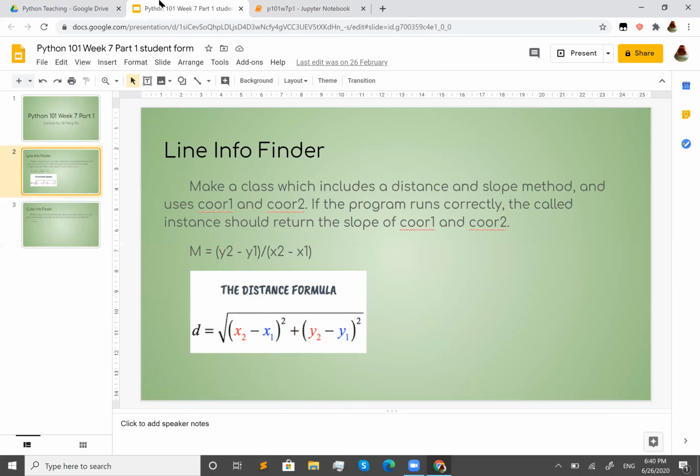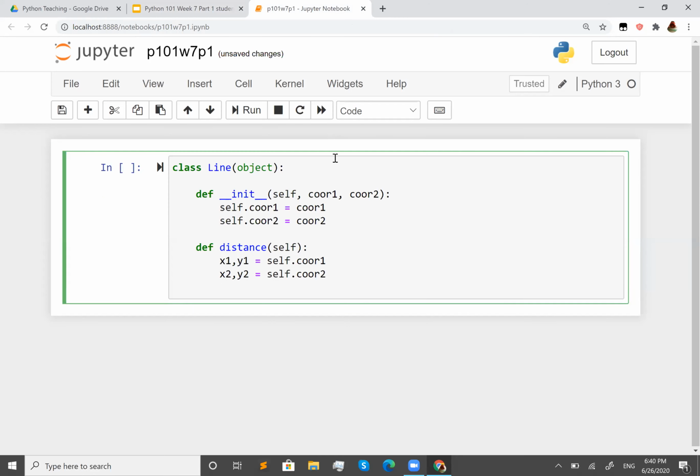Here is our equation that we're going to use. So the distance formula: x2 minus x1 squared plus y2 minus y1 squared, and then you square root that. So you just return, making sure I get my parentheses right.